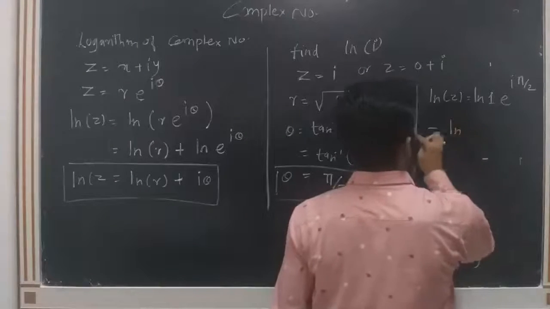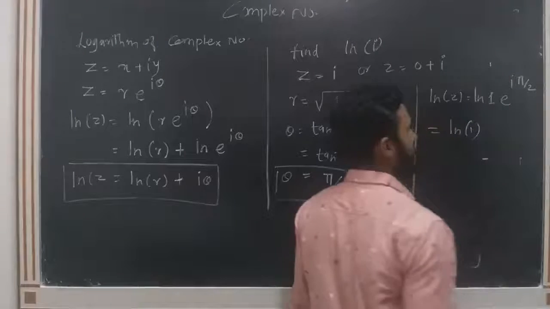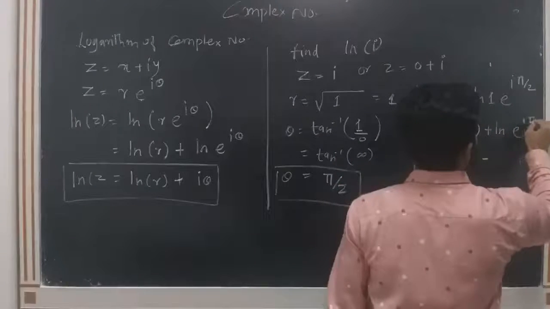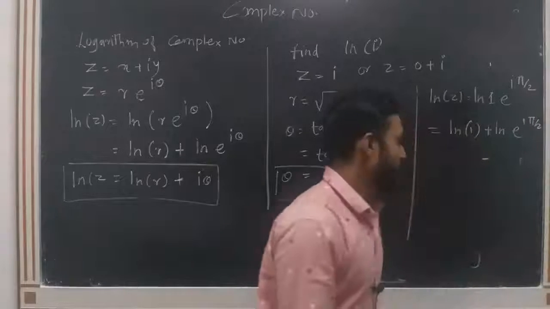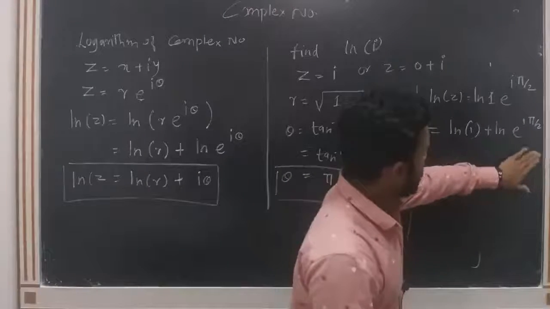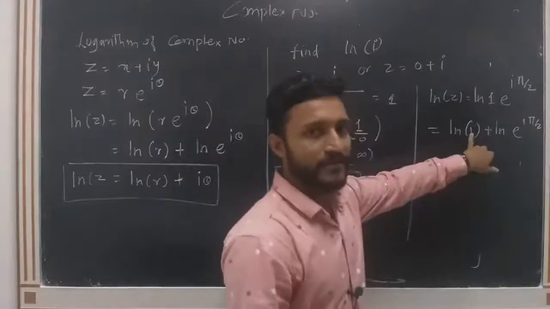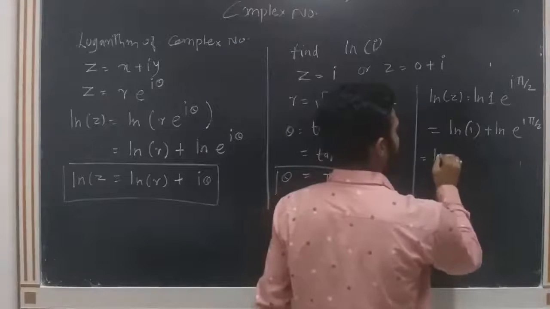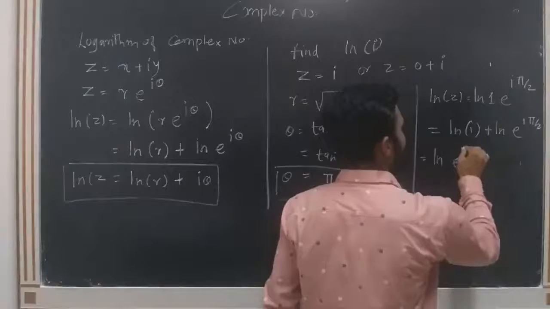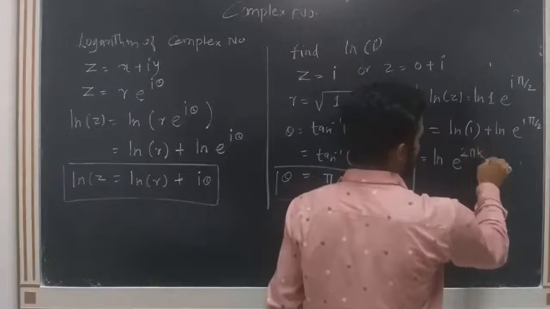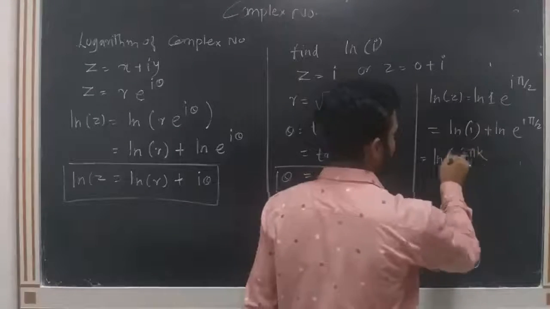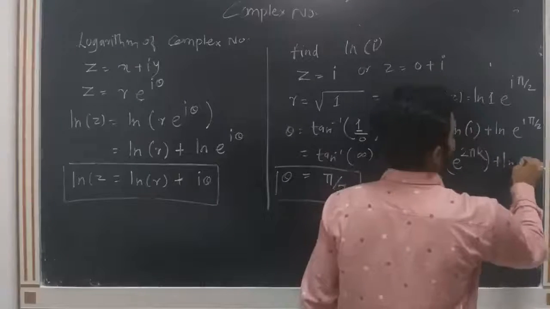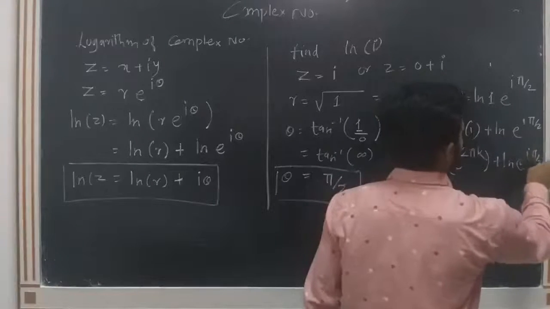Ln of 1 plus ln of e raised to I pi by 2. Instead of this 1, we can write ln of e raised to 2 pi k plus ln of e raised to I pi by 2 as it is.